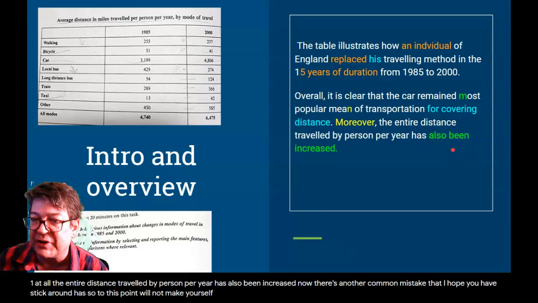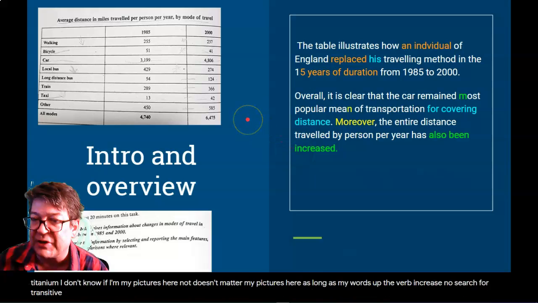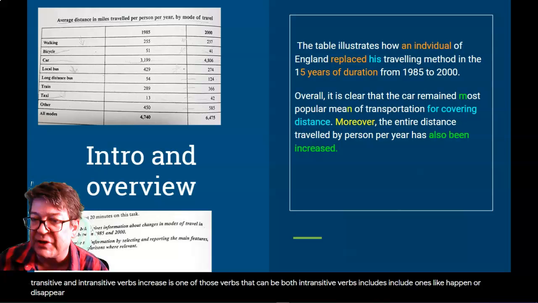The use of the passive. Do a Google search for transitive and intransitive verbs. Increase is one of those verbs that can be both. Intransitive verbs include ones like happen or disappear or rise.